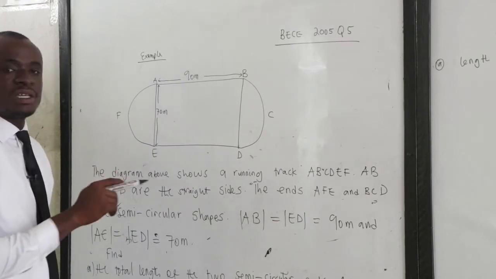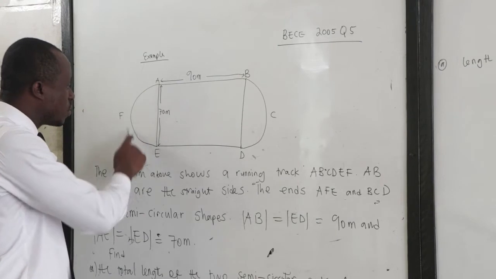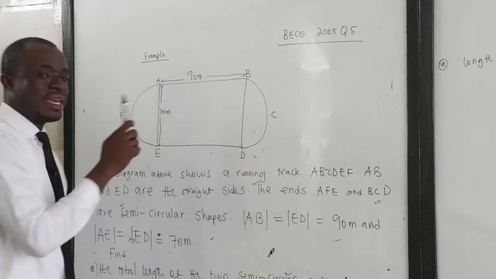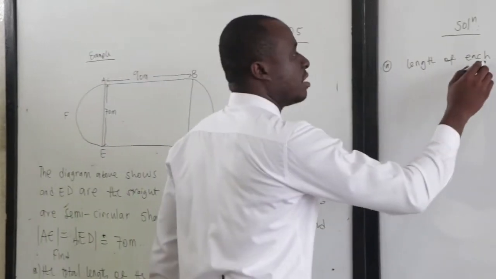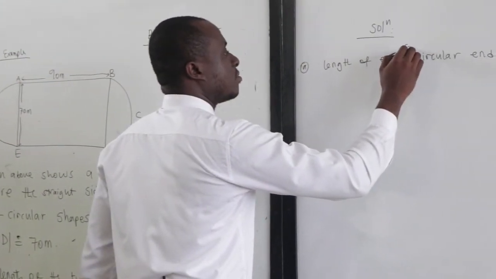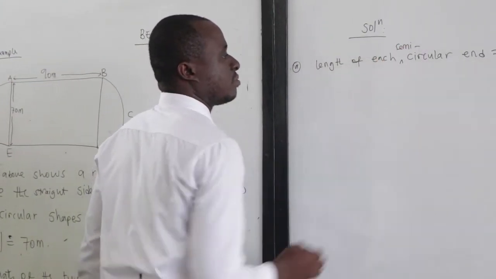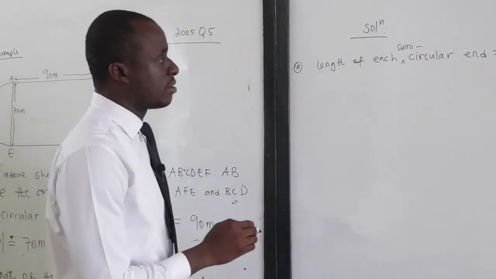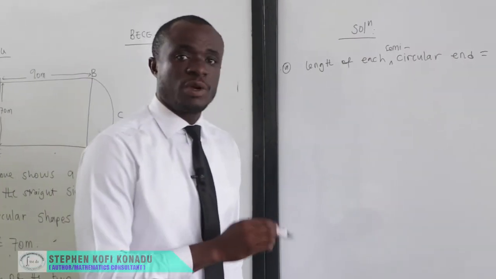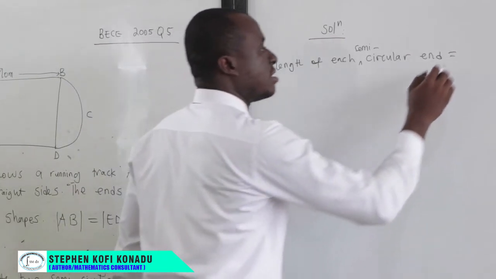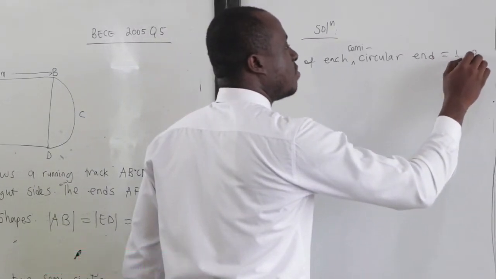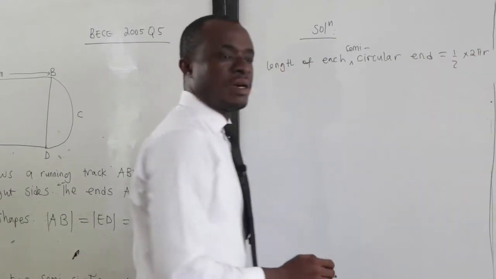So the length of each semicircular end. We know that this end is a semicircle. That is the perimeter of a semicircle, and this is half times 2 pi r.